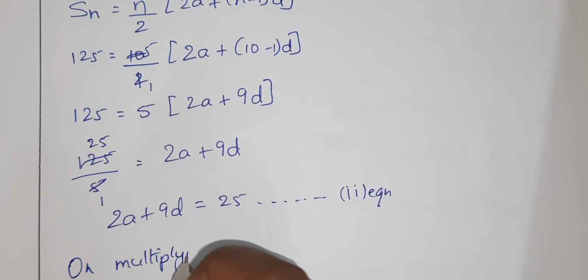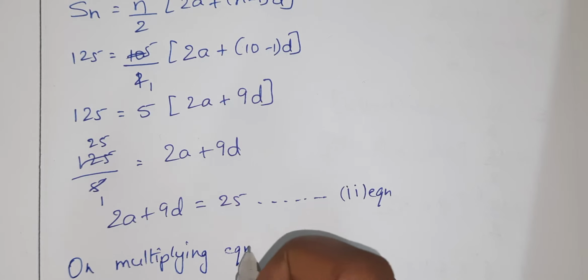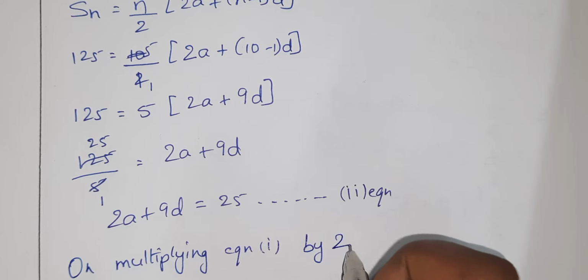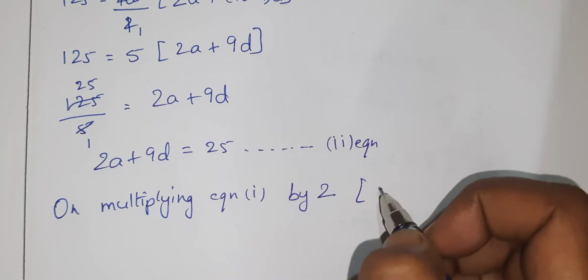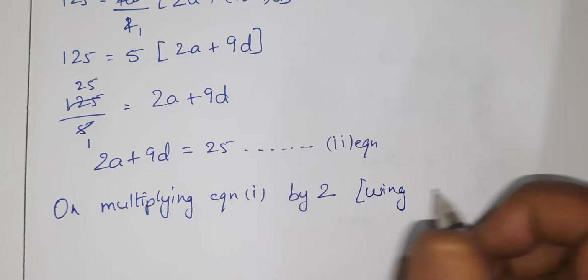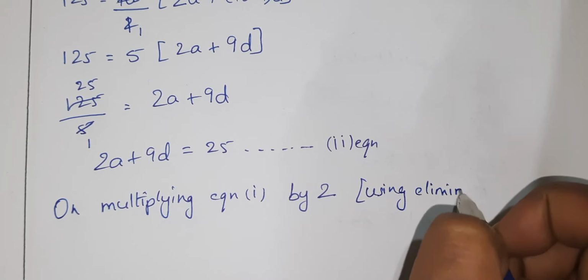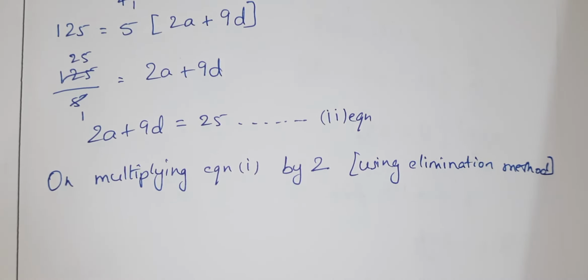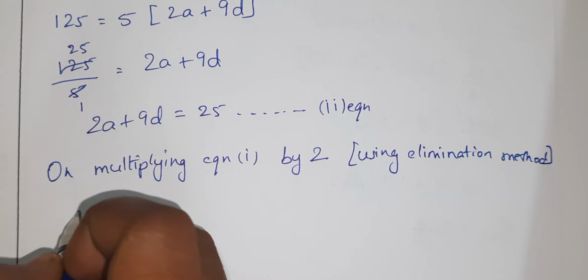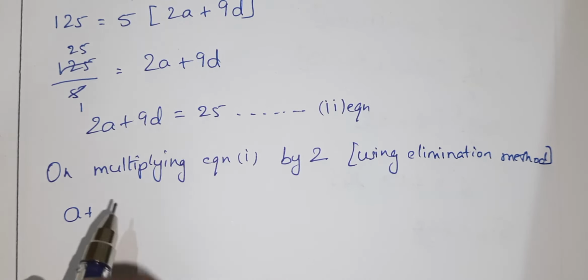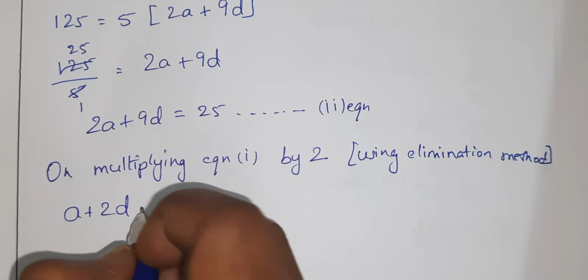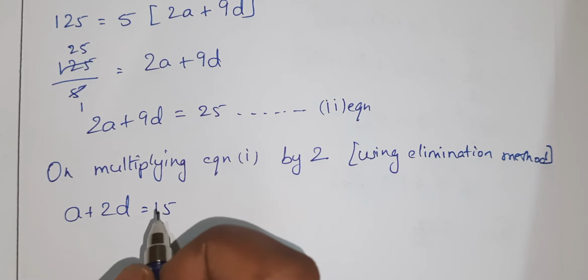On multiplying equation 1 by 2, let me write here by using the elimination method. Okay. What is our first equation? It is a plus 2d equals 15.